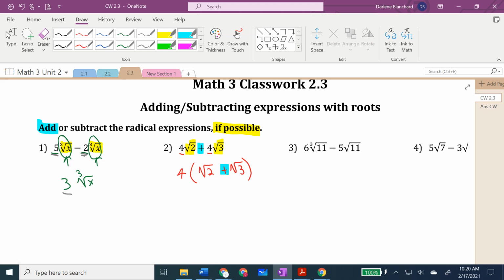You cannot add together roots that are not identical. That's important to be aware of. So those two cannot be added together.